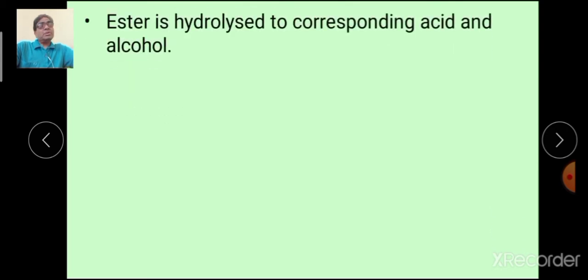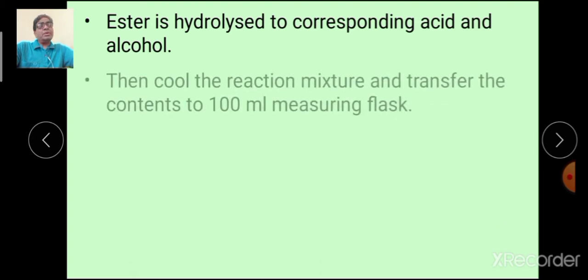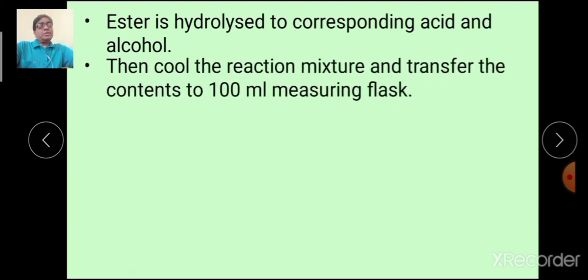Now, ester is hydrolyzed to corresponding acid and alcohol. After heating is complete, cool the flask, that is the reaction mixture, first at room temperature and then using tap water, that is under running tap water, and then transfer the contents to 100 cc measuring flask, that is a dilution flask for the dilution.